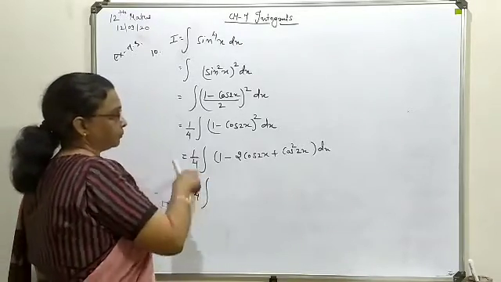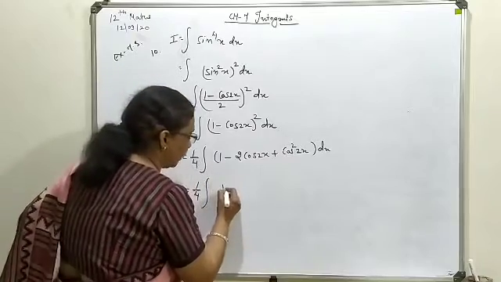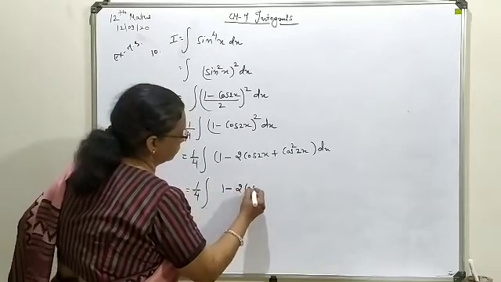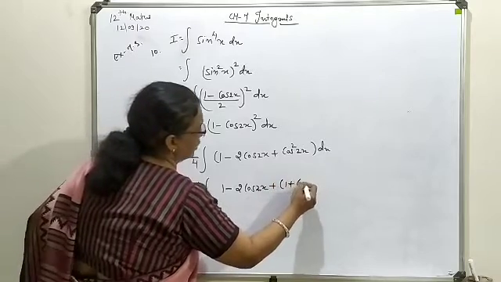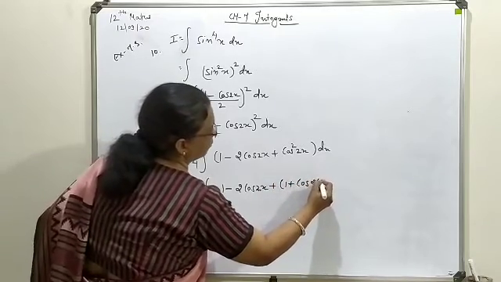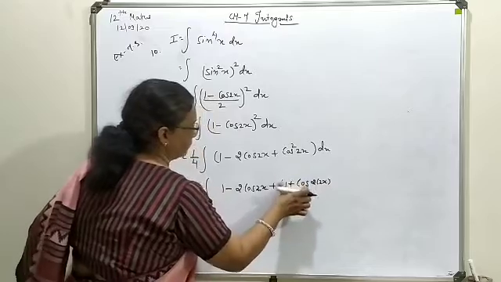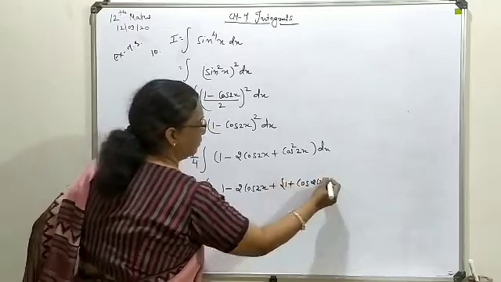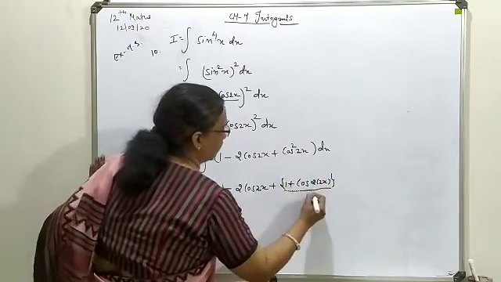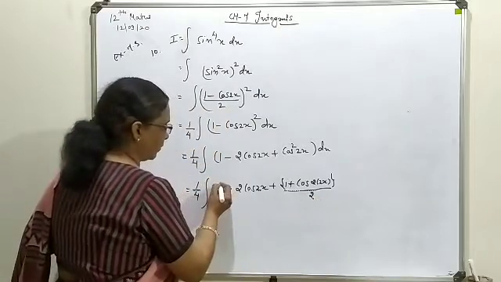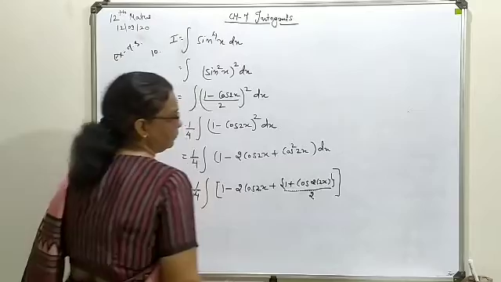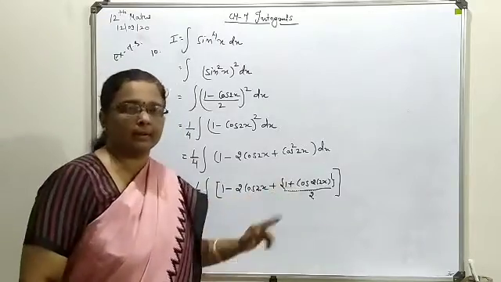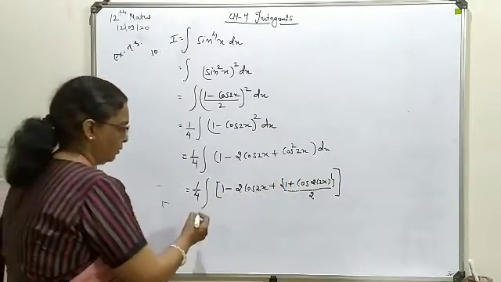Now here this is 1 minus 2 cos 2x plus 1 plus cos of 2 into 2x. Here you can frame one small bracket, whole divided by 2, and close this bracket over here. So this angle will turn into 4x.